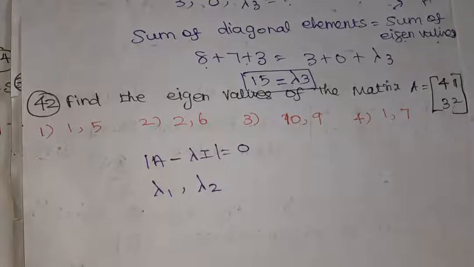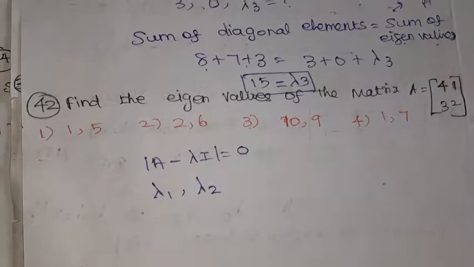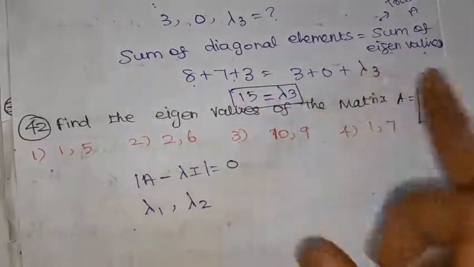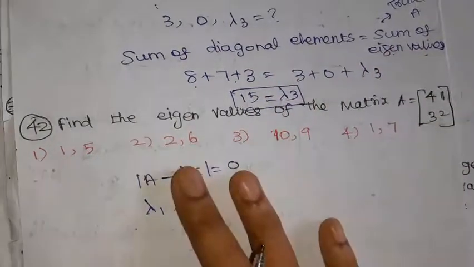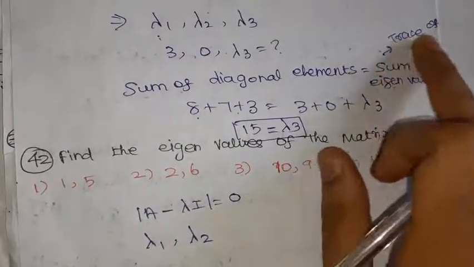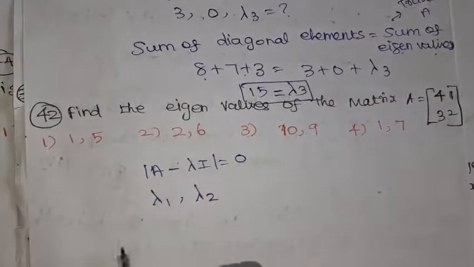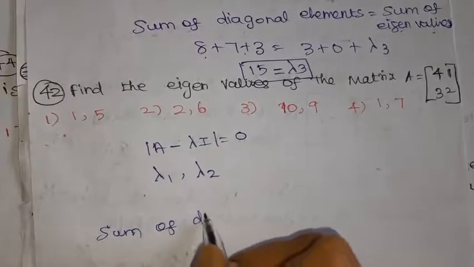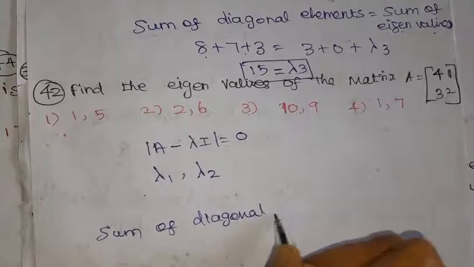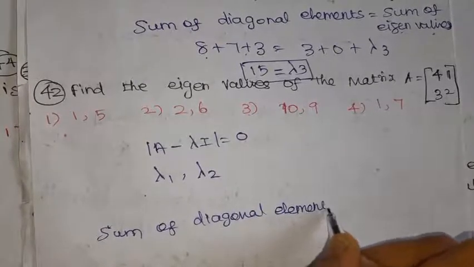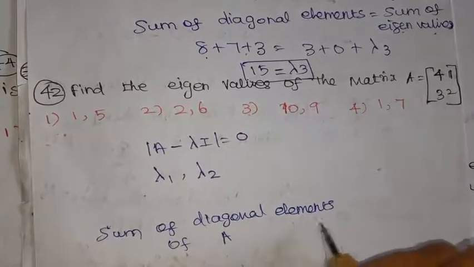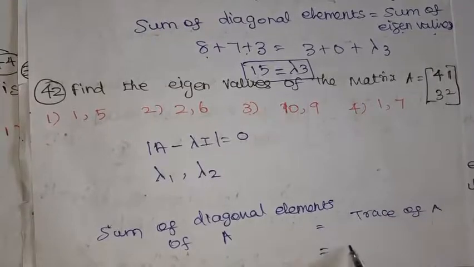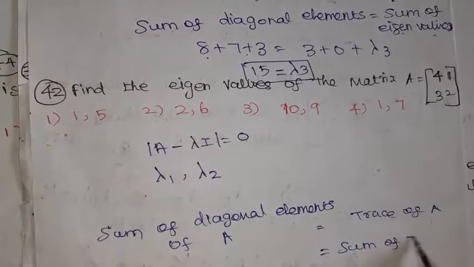One of the properties, as we have seen before, is that the sum of diagonal elements of a given matrix A is equal to the sum of the eigenvalues. The sum of the eigenvalues is otherwise known as the trace of A. So the sum of diagonal elements of matrix A is equal to the trace of A, which is nothing but the sum of eigenvalues.